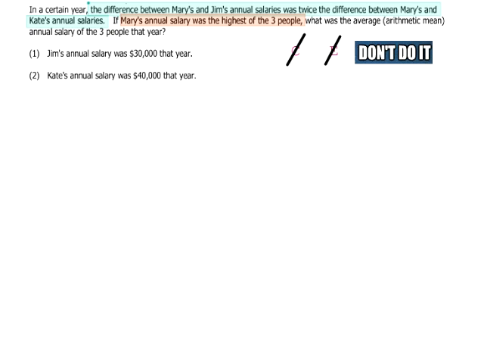The difference in Mary's and Jim's annual salaries would be the absolute value of one of them minus the other one, because we wouldn't know which one was bigger. But then they tell you Mary's is the highest. So that gives new meaning to this blue statement.